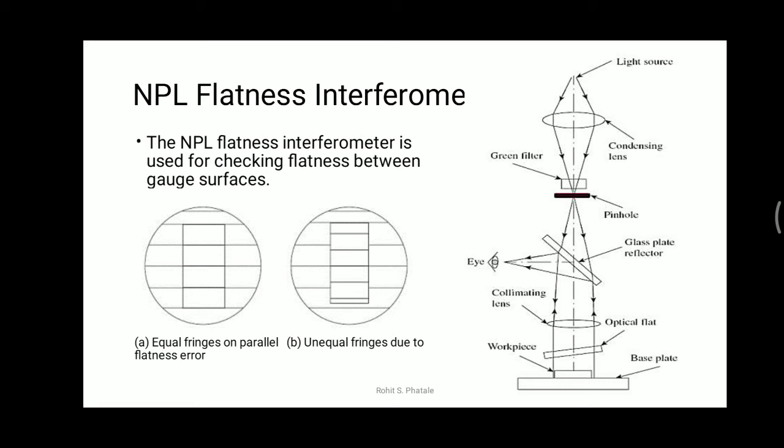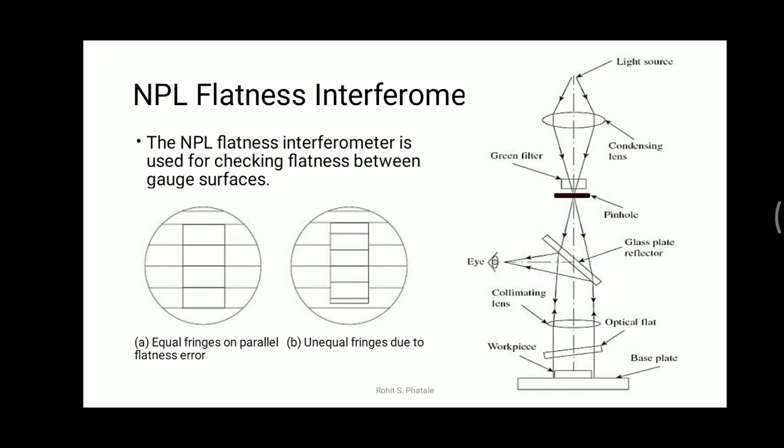Okay, you can see this type of fringes or fringe patterns from this eyepiece. The device is very much similar to a microscope, and from the eyepiece of that interferometer we are allowed to see this part. So images like this are available on this glass plate reflector.